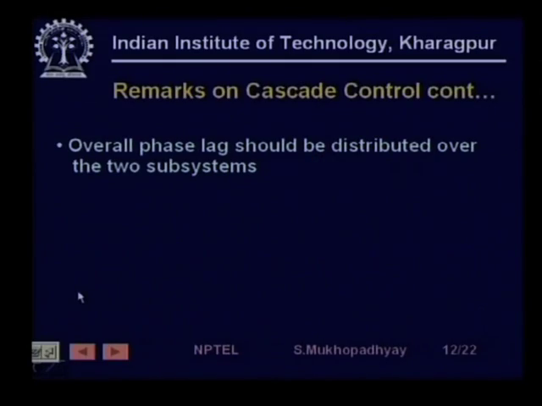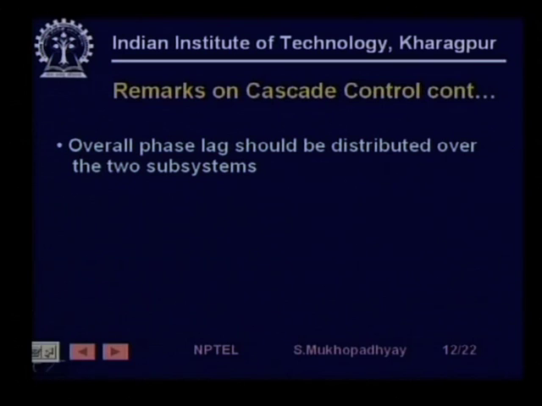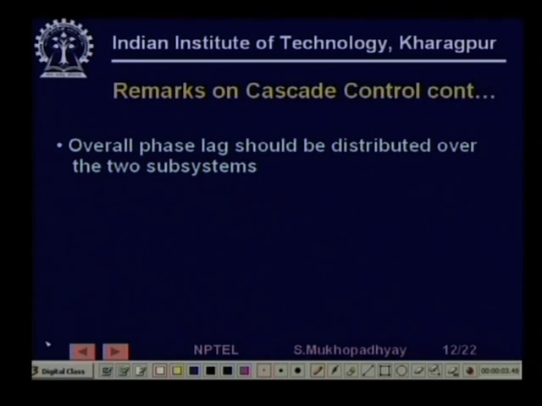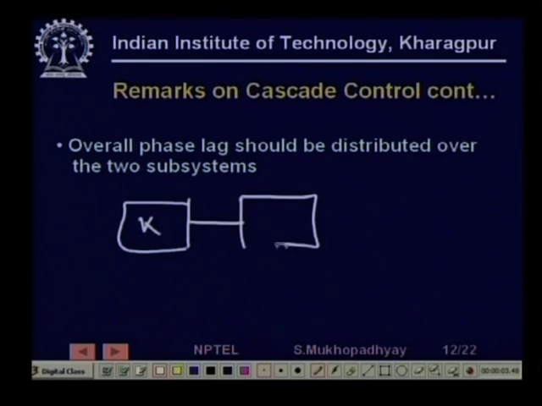But for cascade control to be effective, we must remember that the overall phase lag must be well distributed over GP1 and GP2. Suppose that GP1 is a constant k, it has no phase lag, and all the phase lag is in GP2.